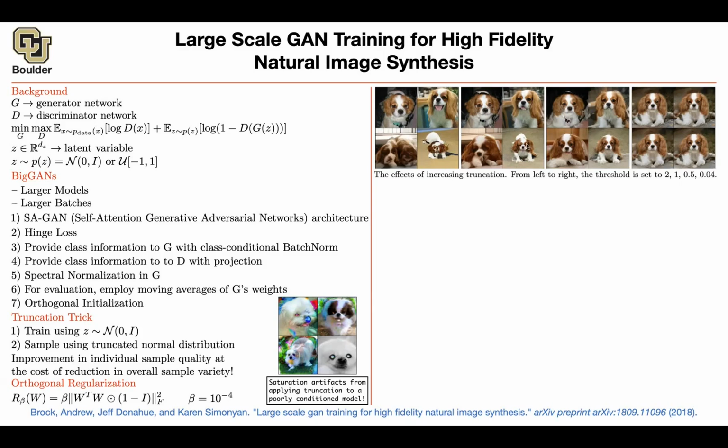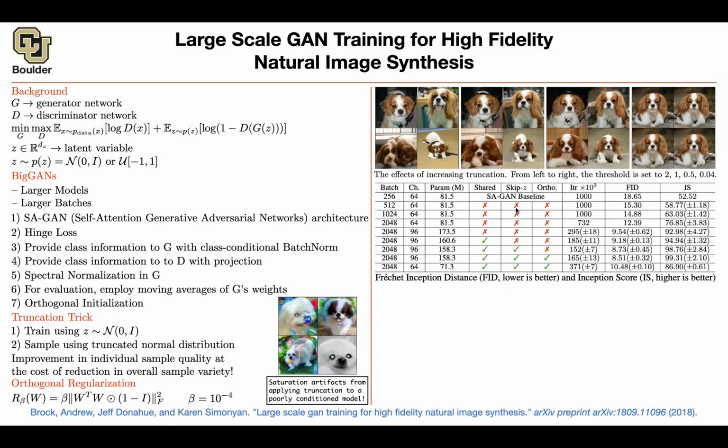And then the variety is going to go down, but the quality of the images is going to go up as you truncate more. In terms of numbers, you can look at two numbers, Fréchet inception distance and inception score. For Fréchet inception distance, the lower is better. And for the inception score, the higher is better.